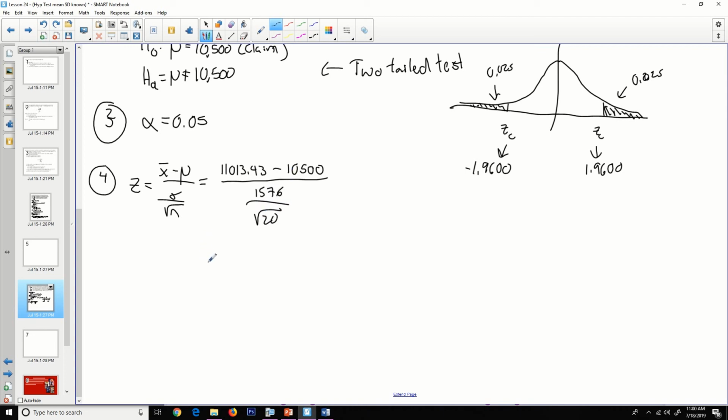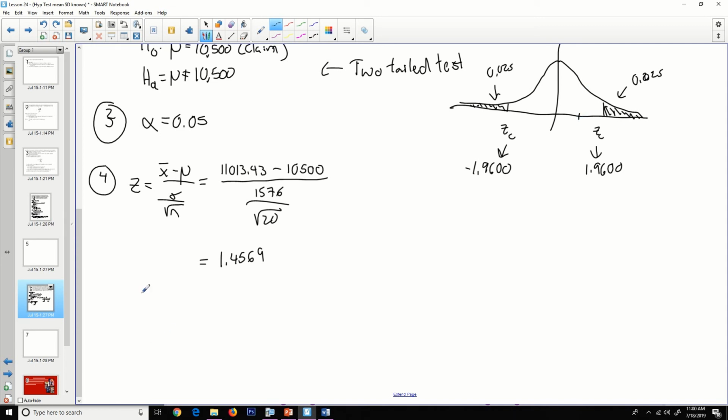For time's sake, I've already calculated this. It turns out to be 1.4569, and so if we're doing it by region, 1.4569 is inside here, so we're going to fail to reject.